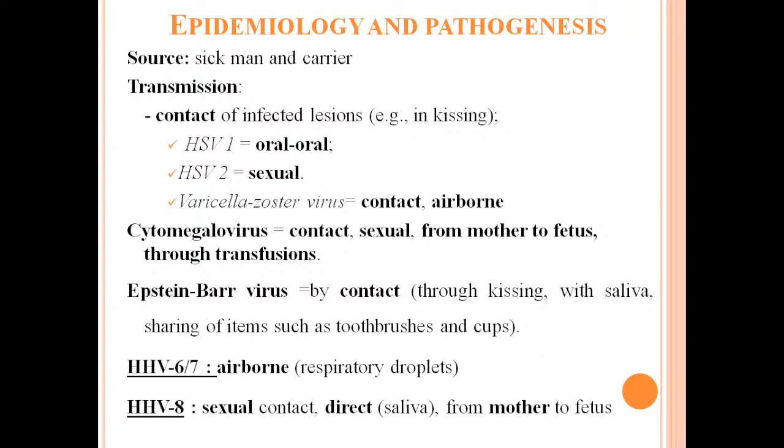Epstein-Barr virus is transmitted through contact, through kissing with saliva that contaminate other different objects, sharing of items such as toothbrushes and cups. So contact with objects that are contaminated with different human body fluids.